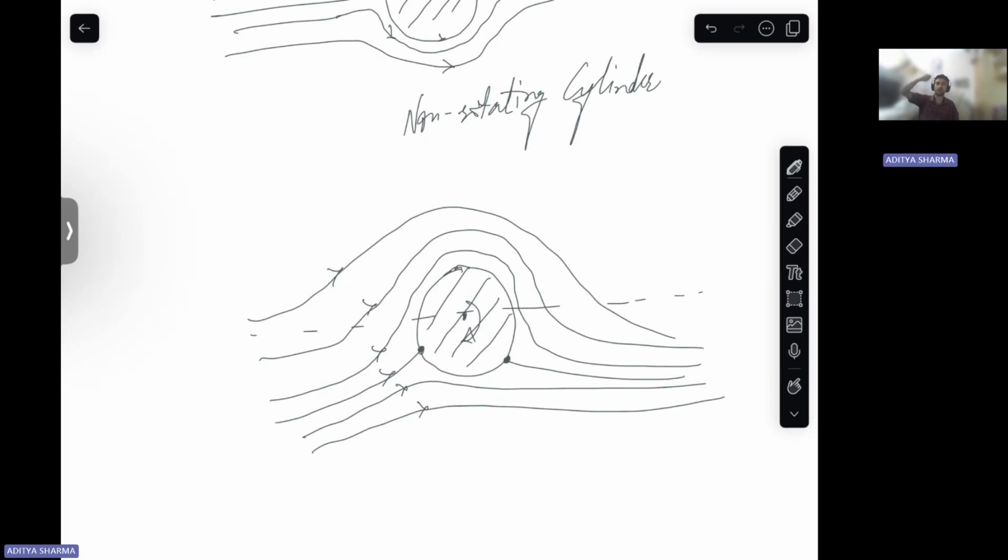Also, there are pressure differences on the upper side and the lower side. And this pressure difference gives rise to a net force, okay, which is lift. So this effect is known as the Magnus effect. Okay.